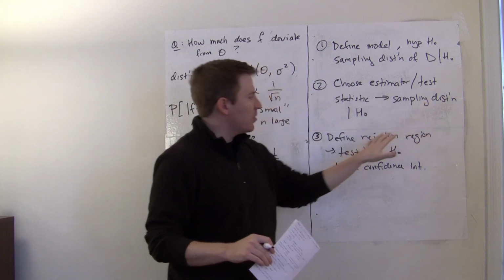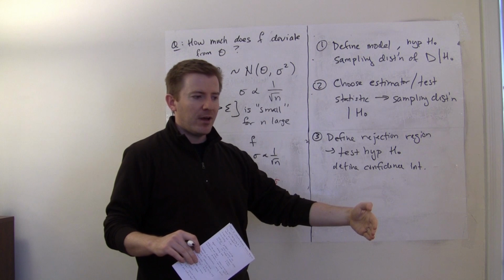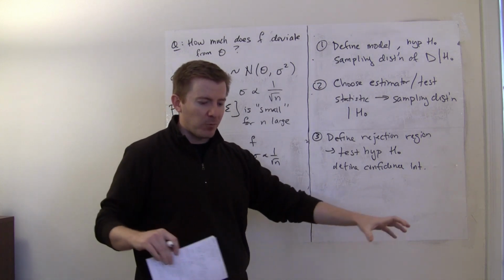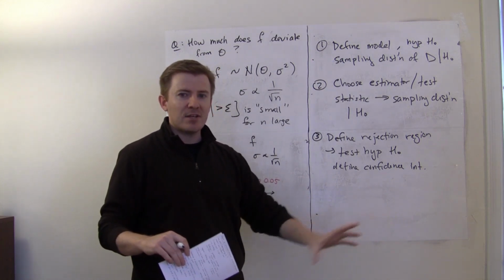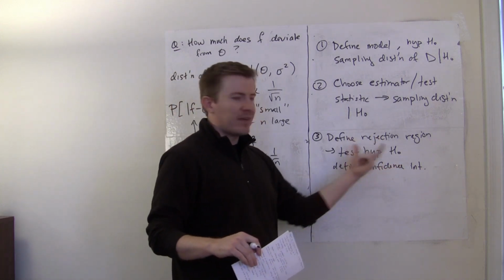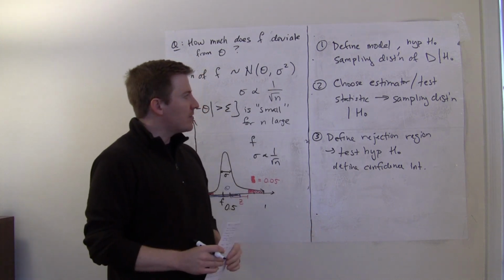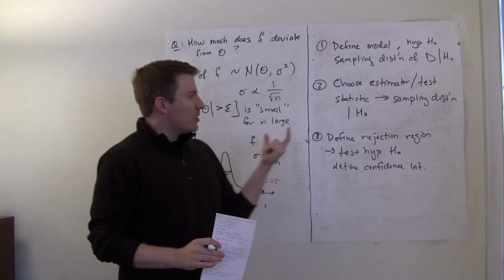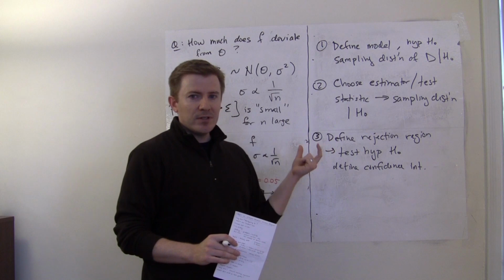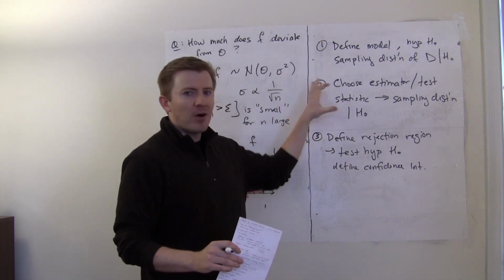And from the sampling distribution, we have to then think about what is our rejection criteria for the hypothesis and what region of that test statistic would cause us to reject or accept this hypothesis. Then maybe we play the game over and over again, come up with a confidence interval, et cetera, et cetera.